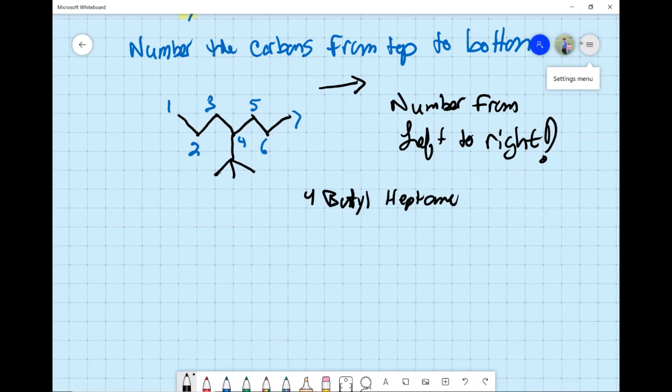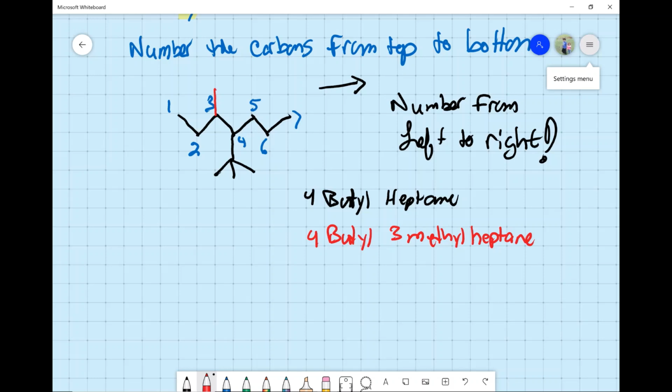We can add a methyl group here. I'll do it in a different color. So we added a methyl group to the 3 carbon, and so we could call it butyl methyl heptane. I'm really bad with my capitalization.